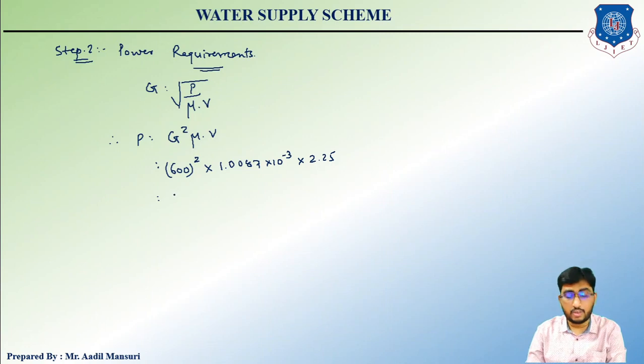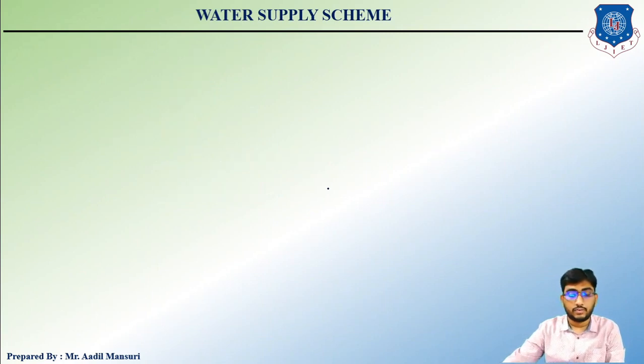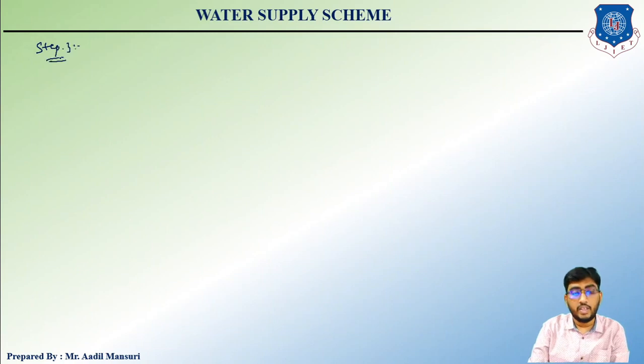So this power comes out to be equal to 817.047 watts. Okay, so this is step number 2. Now let's go for step number 3: dimensions of impeller and blade.